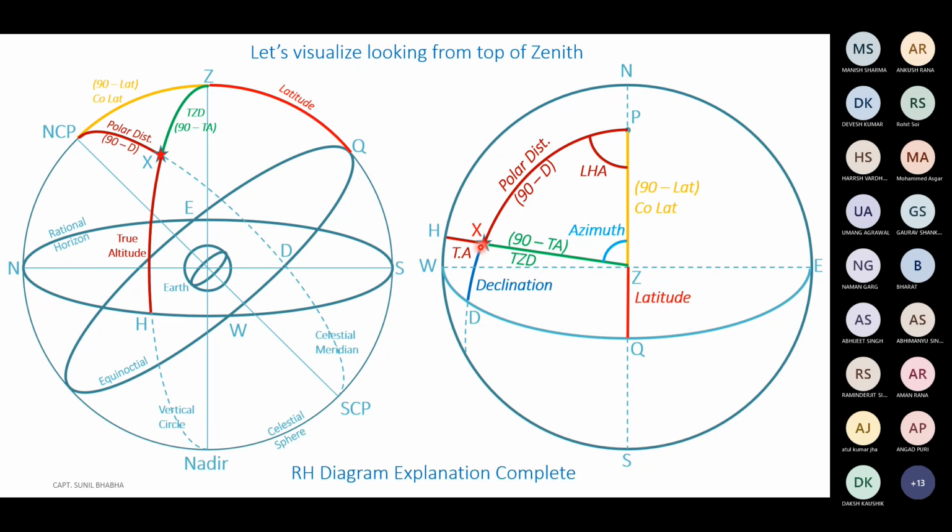Now, how do we use this triangle in celestial navigation questions? In any celestial navigation question where this PZX triangle is to be used, you will be provided with some information. So we draw the rational horizon diagram, and whatever information is provided to us is fed into the diagram. We note it down, we label the diagram accordingly.